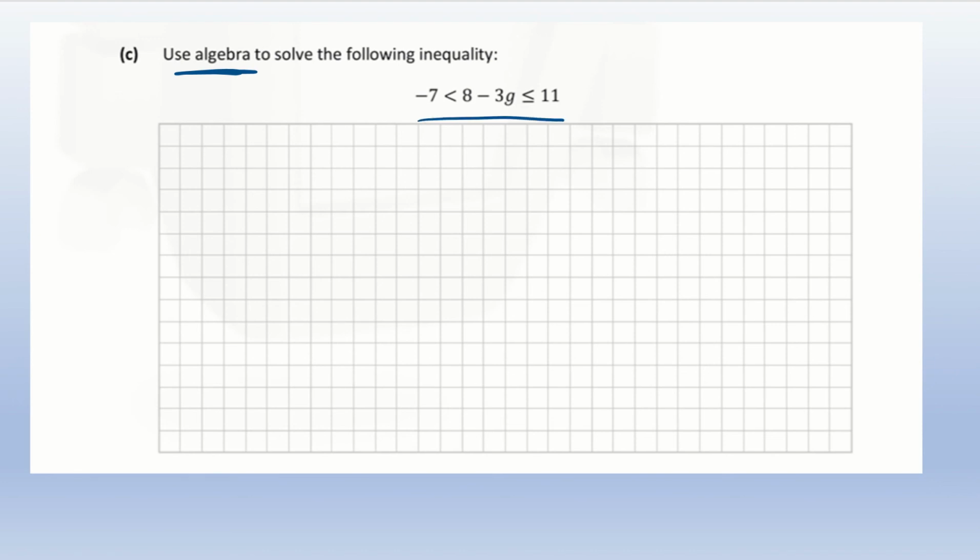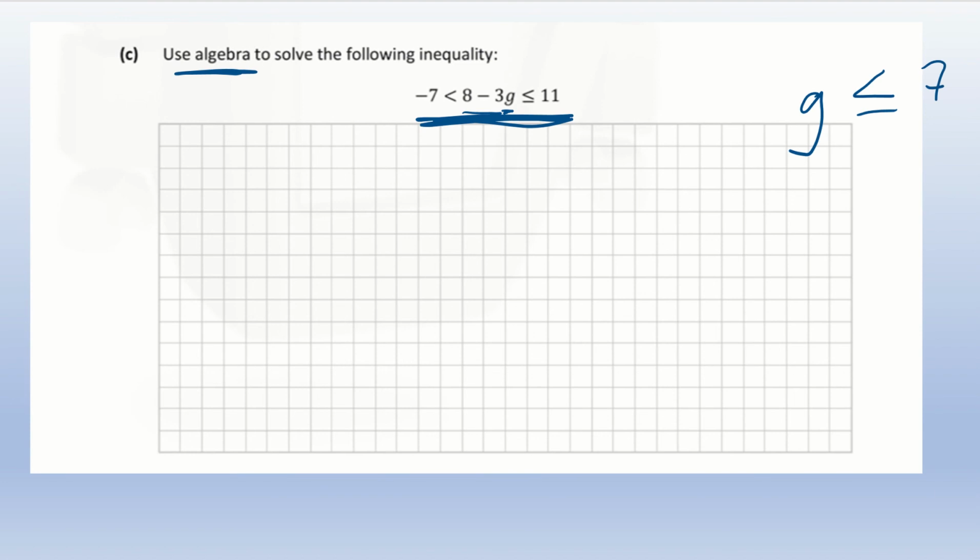You notice with this one, in the middle, I have an unknown, which is g, and it's the only thing I do not know in that whole inequality. So what I'm going to try and do is isolate the g on its own so that I end up with something like this.